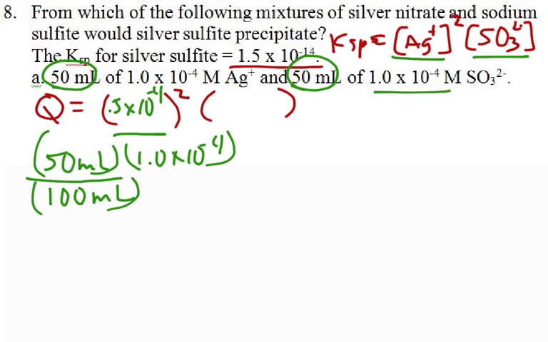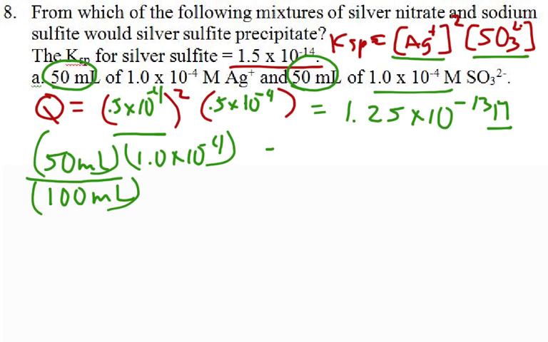And you can see, since this is the same concentration, this is going to come out the same. And when I do 0.5 times 10 to the minus 4 molar squared times 0.5 times 10 to the negative 4, then I get a value of 1.25 times 10 to the negative 13 molar.